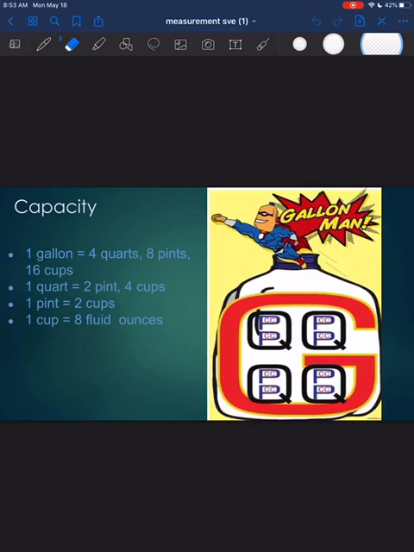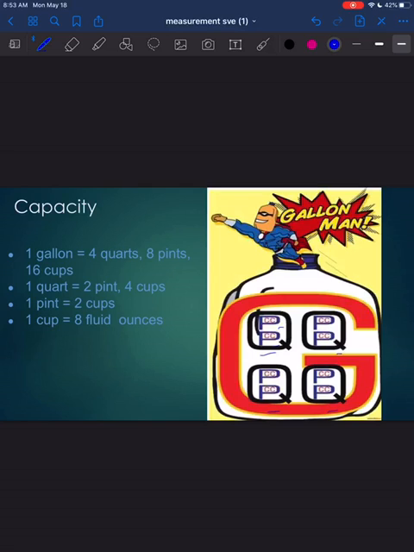Customary capacity is something you're probably a little bit more familiar with, and talks about the gallon man and the gallon system. So we have the biggest unit being the gallon, and inside the gallon there are 4 quarts, and in each quart there are 2 pints, and in each pint there are 2 cups.